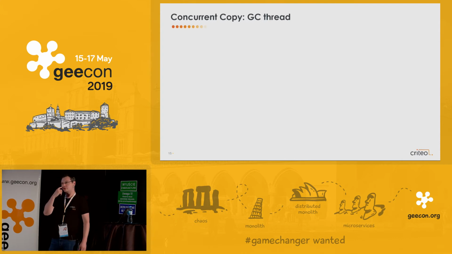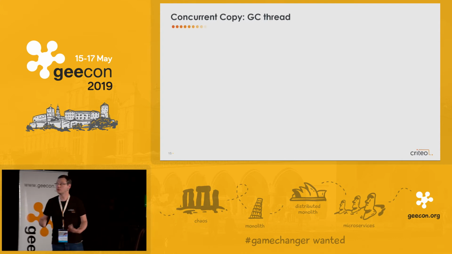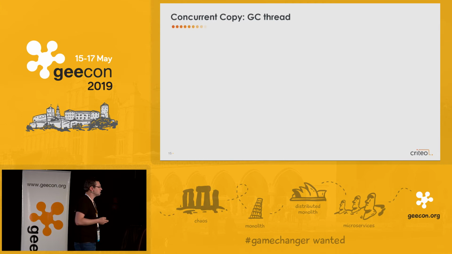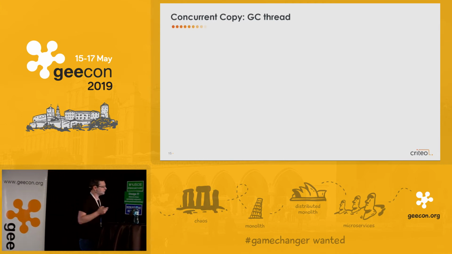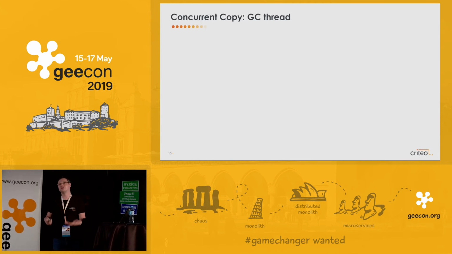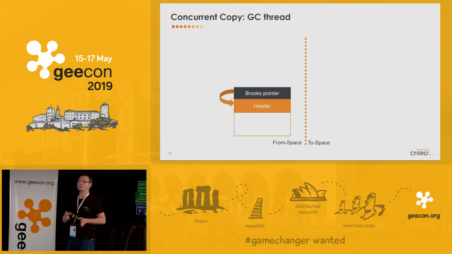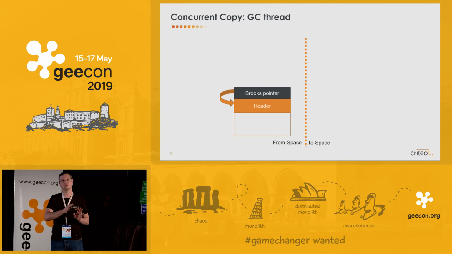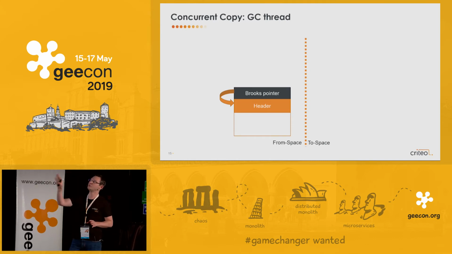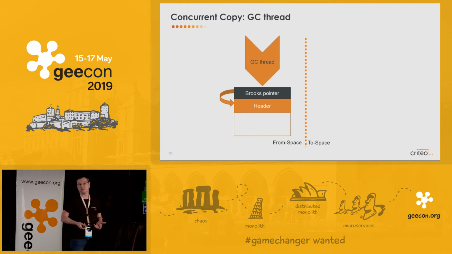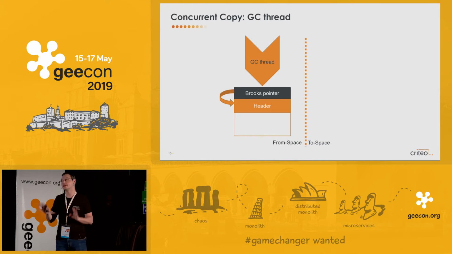So what happens during the concurrent evacuation or copy? Once we have the GC thread that's dealing with this object, we have here a from space, the source region, with an object that needs to be moved to the to space, the destination region. We have a GC thread that's taking care of this object. There is no concurrency with the application at that point.